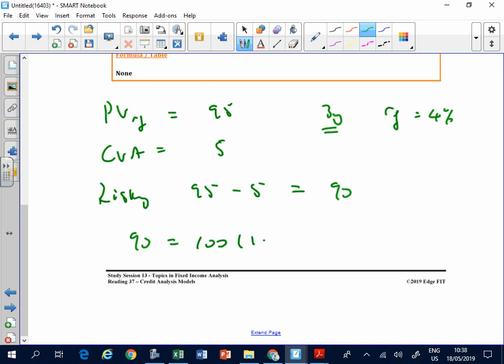When I solve for Y, it may equal, say, 6%. But I know risk-free was 4%, so my credit spread is 2%. That's the question I can ask you. Got it?